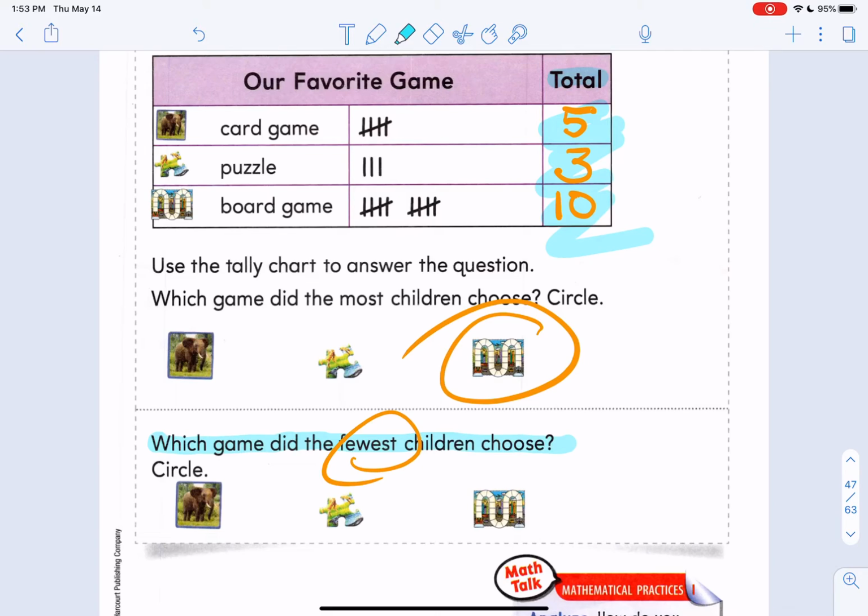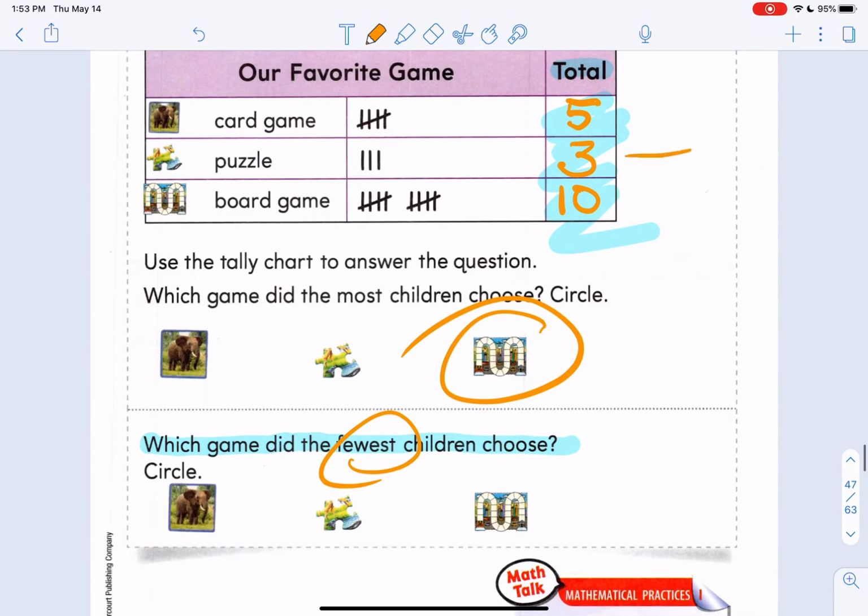Which one is going to be the fewest? Is it a card game? No. The smallest number is going to be right there, 3. And what does that go with? Puzzle. So what are you going to circle? The puzzle.